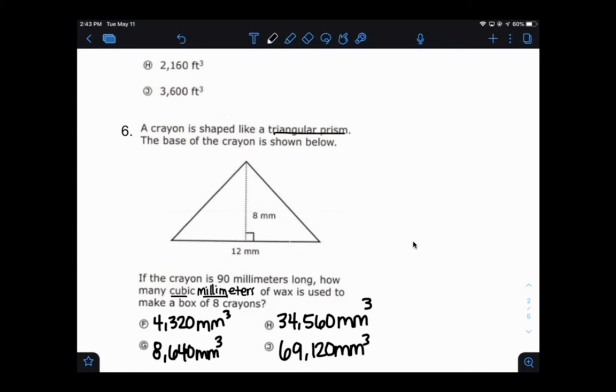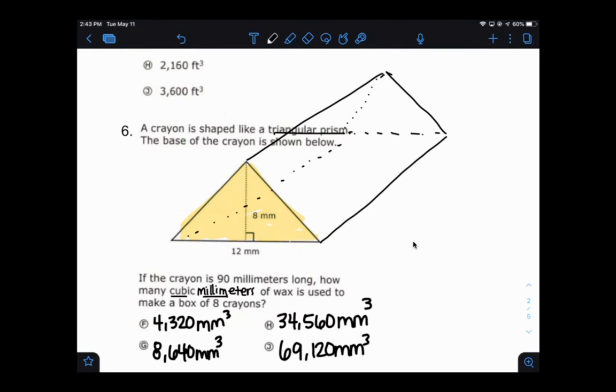Because cubic millimeters imply for us to find the volume. So I'm going to imagine each of the crayons looks like this, sort of, right? And so here, the base of this crayon is this triangle. Of course, you have another triangle back here, the other base, but we do not need it. All we need is one base.